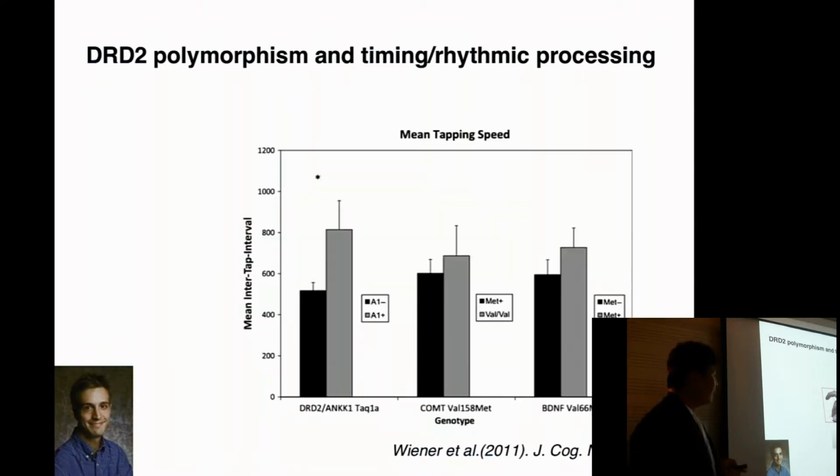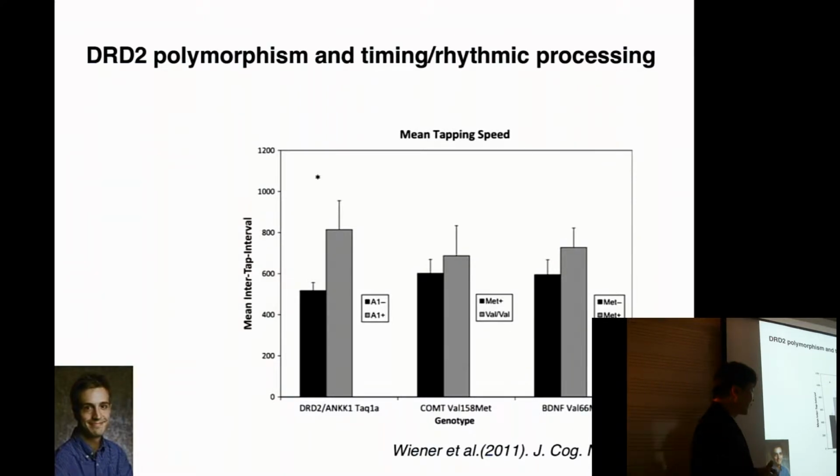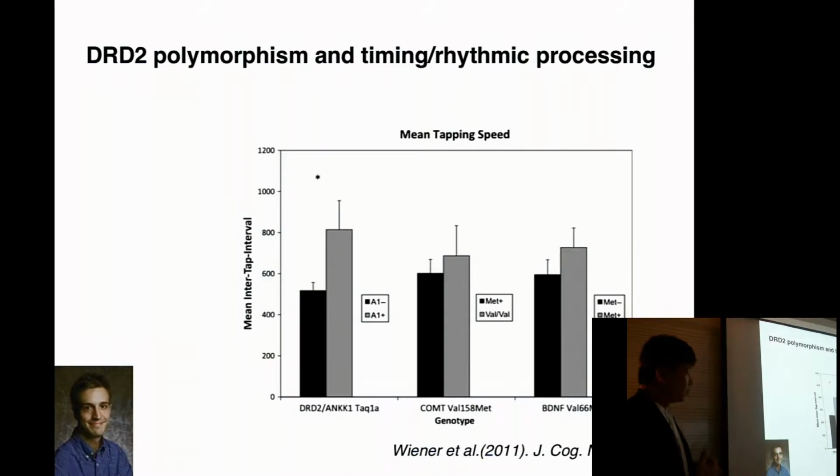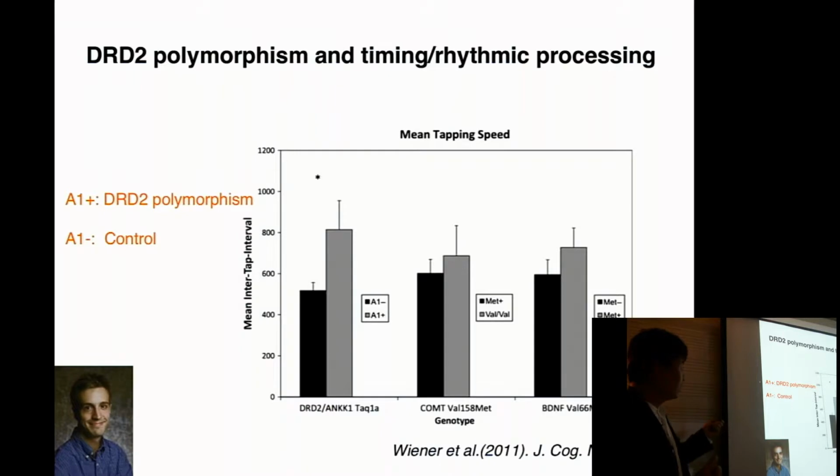After that, he genotyped a couple of genes, including the DRD2 gene, COMT gene, and BDNF gene. They're expected to be candidate genes for this motor processing. Now, what happened is that people with DRD2 polymorphism, which is denoted by A1+, meaning that they're A1 allele carriers, right?